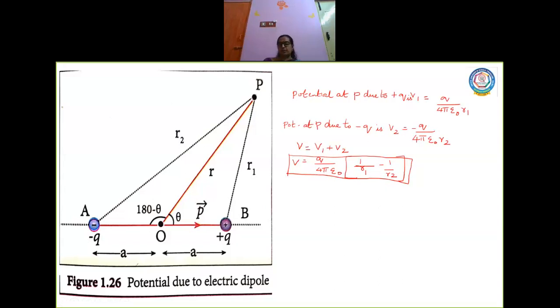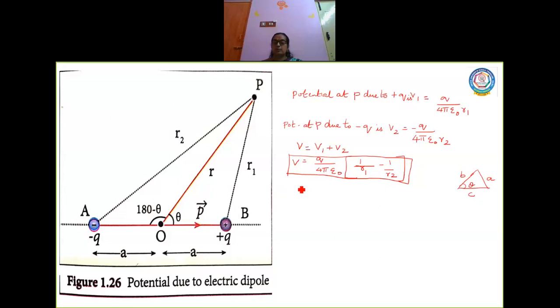So, the cosine formula for a triangle. Let me draw a triangle here. The sides of the triangle are a, b, c. It makes an angle theta.